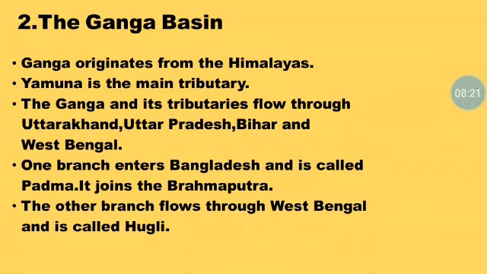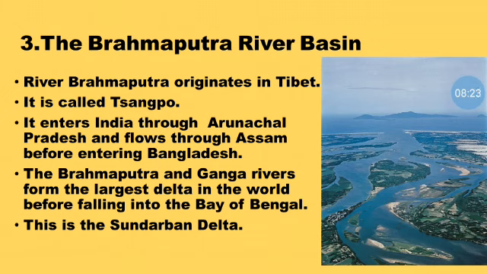Simple. Moving on to the next one, we have the Brahmaputra River Basin. Children, river Brahmaputra originates in Tibet. Keep in mind, Brahmaputra and Satluj River originate in Tibet. In India we call it Brahmaputra, whereas in Tibet they call Brahmaputra as Sangpo.